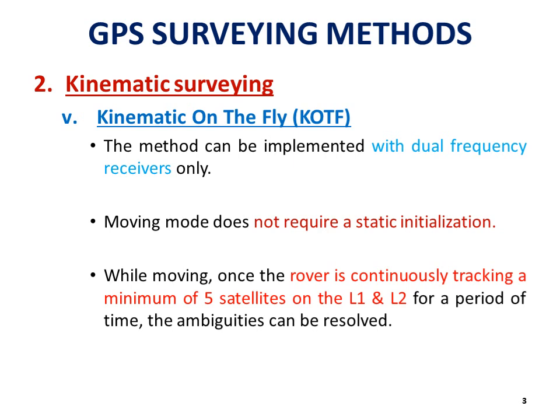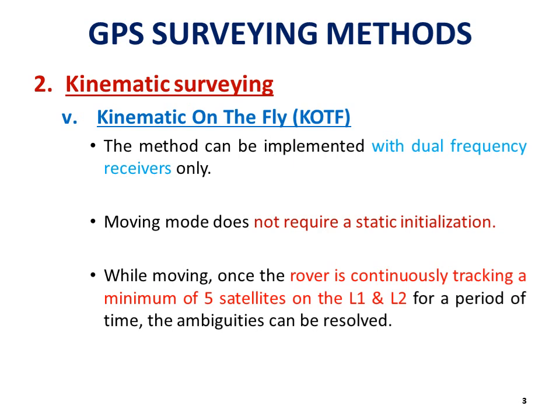So if we are using receivers that implement two different frequency waves, that method is called kinematic on the fly. This has a special characteristic: even in the moving mode, it does not require a static initialization. I hope you remember what static initialization is.